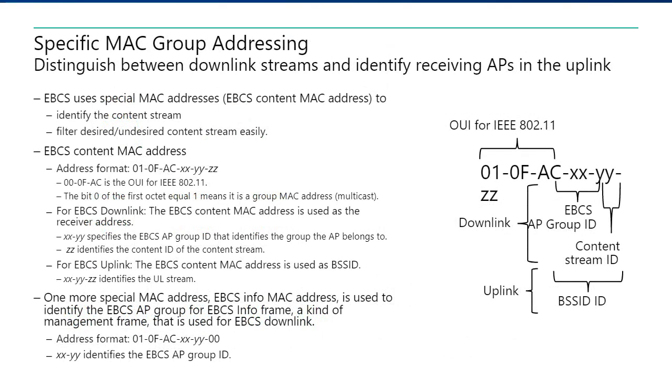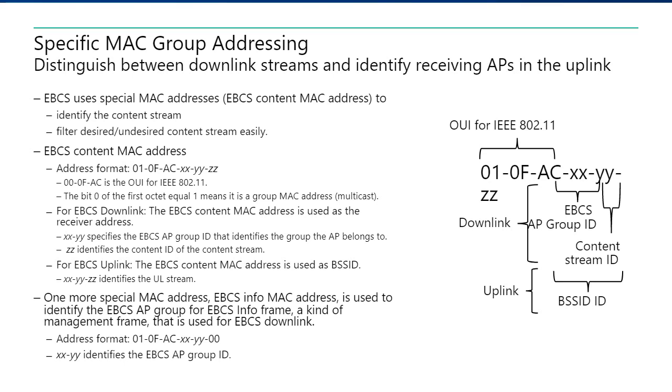So for the interested people, a quick deep dive how that is done in terms of mapping the broadcast stream to a specific MAC address. 802.11 BC uses here multicast addresses, as you can see on the right side.